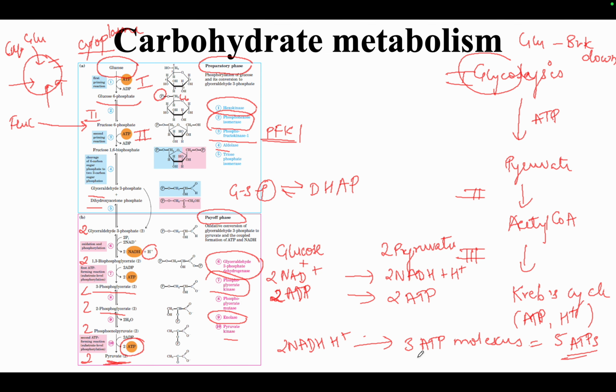Sorry, so 1 NADH will give us 3 ATPs, and 2 NADH will give us 6 ATPs. So this will be 6 plus 2, that is 8 ATP molecules. So from glycolysis we have 8 ATP molecules.